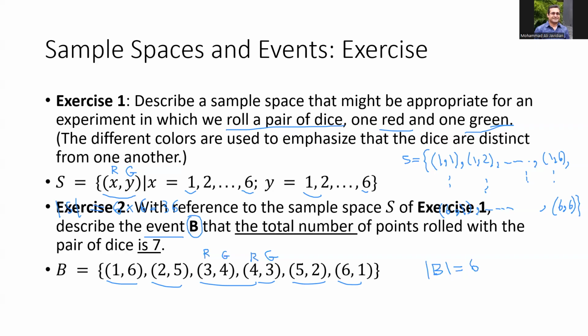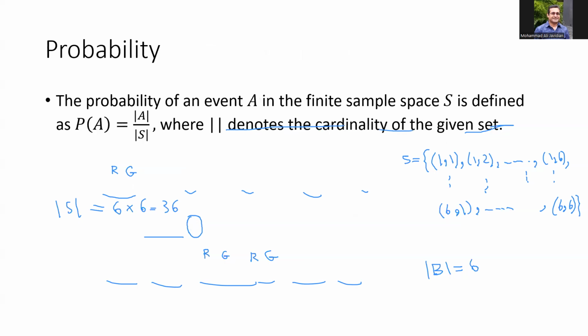We need to do this type of counting to compute the probability of an event.